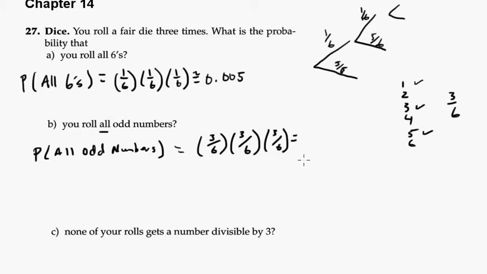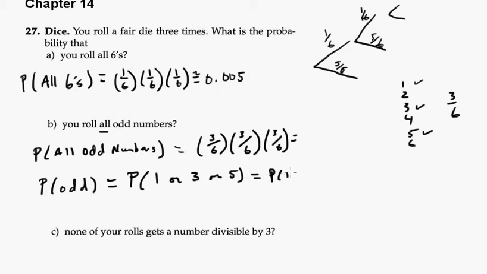Why? Think of it this way. The probability of an odd is the probability of getting a 1 or a 3 or a 5, which is the probability of a 1 plus the probability of a 3 plus the probability of a 5.